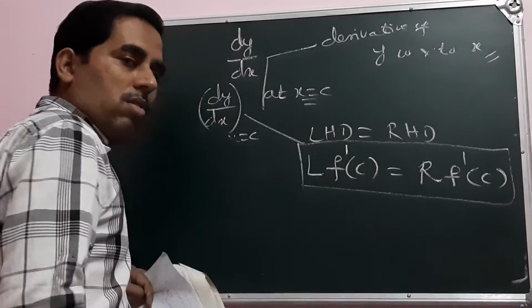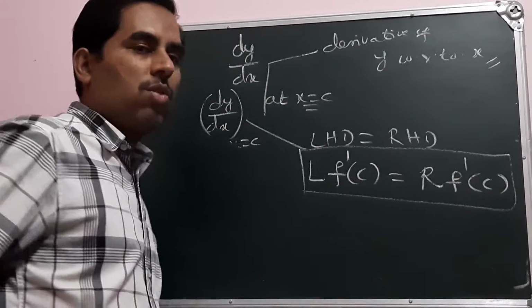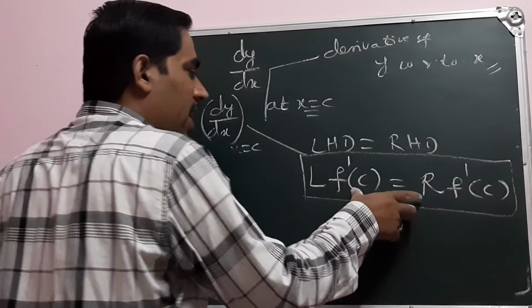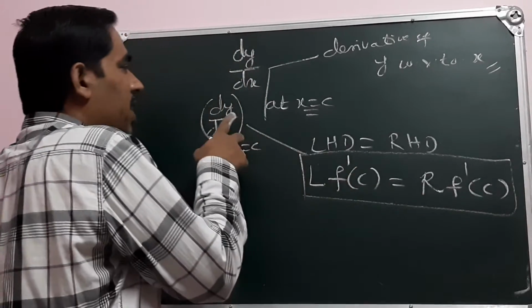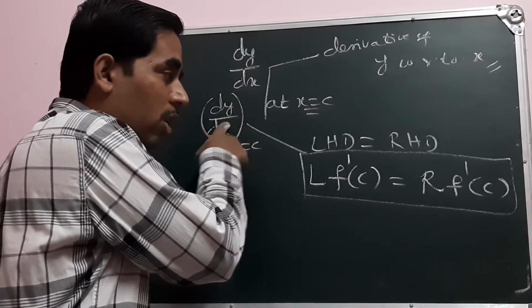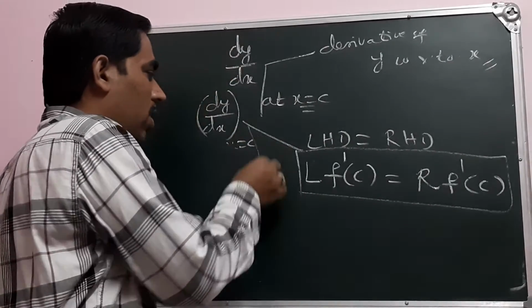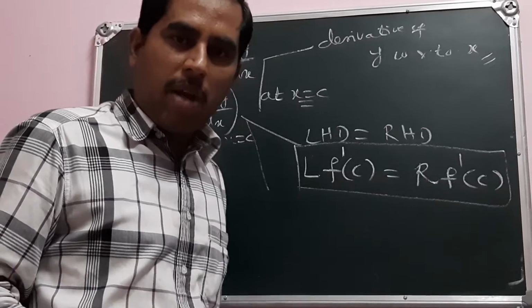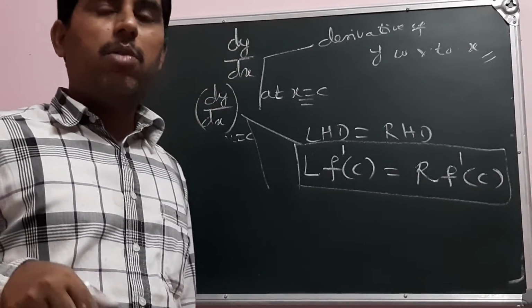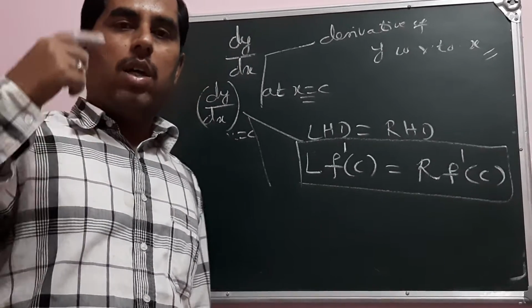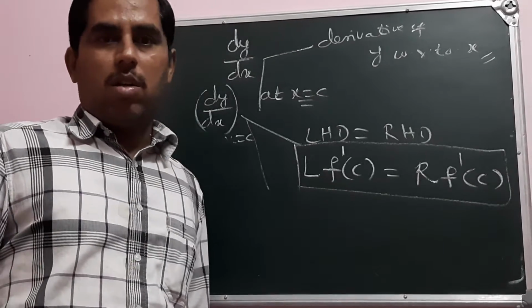We have tested this. In both the cases, the function was not differentiable. If the left hand derivative and right hand derivative are equal, then we say the derivative exists. If they are not equal, the derivative does not exist. Differentiation means the process of finding the derivative of the given function.